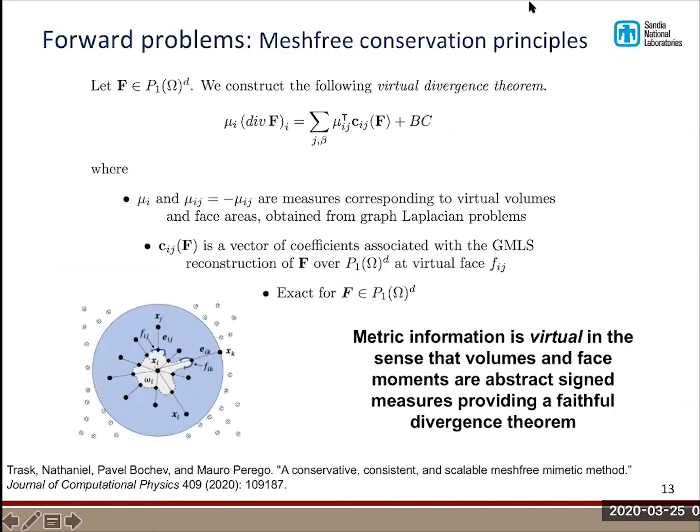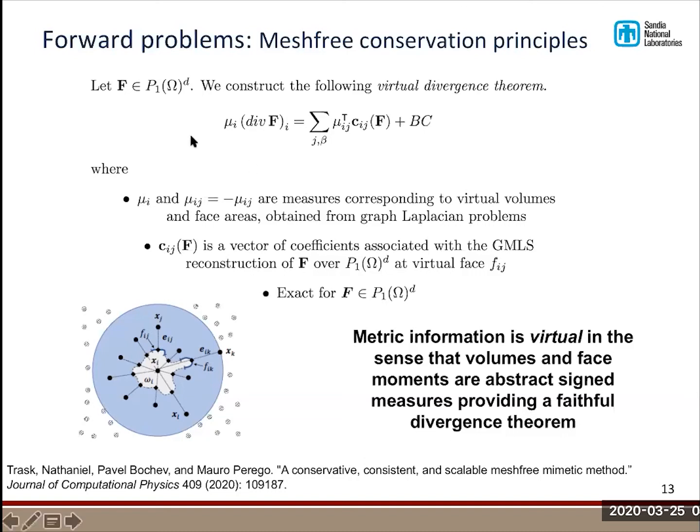We've also developed conservative schemes. It's a little bit subtle, but if you're just working with particle methods, you're only working with zero forms, and in order to make sense of conservation, you need a divergence theorem, which needs relationships between 2 forms and 3 forms in 3D, the Gauss divergence theorem.